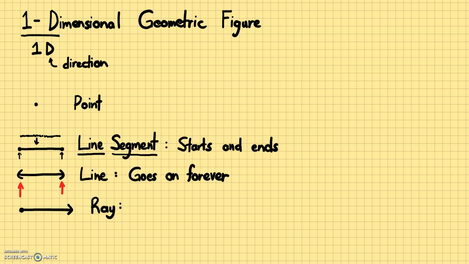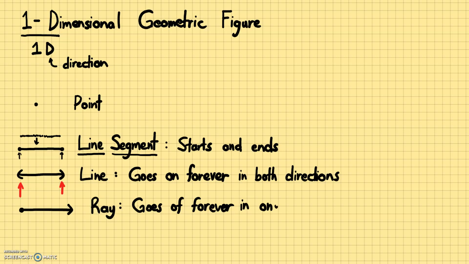So to differentiate with the definition of a line, a line goes on forever in both directions, and a ray goes on forever in one direction. So if you look at the image of a ray here, it stops at this end, but there's an arrow on the other end to show that it goes on forever in that direction. So this is what a ray looks like.